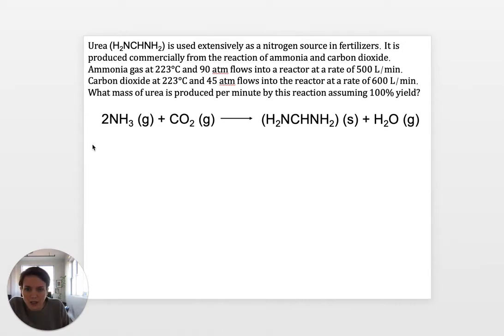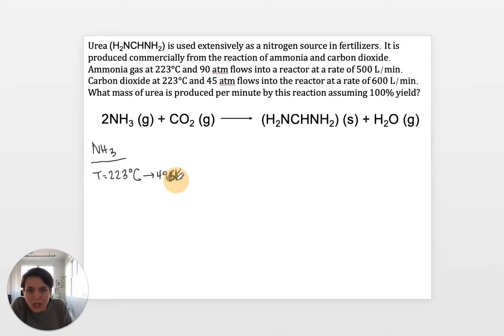Okay, so we have ammonia. The conditions for ammonia are a temperature of 223 degrees Celsius, and let's just go ahead and immediately change that to Kelvin, which is 496 K. Always check my work.